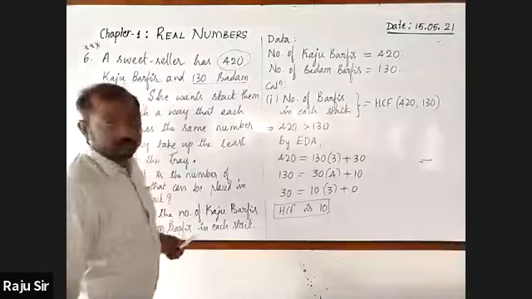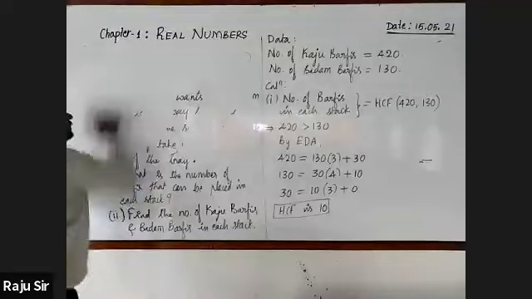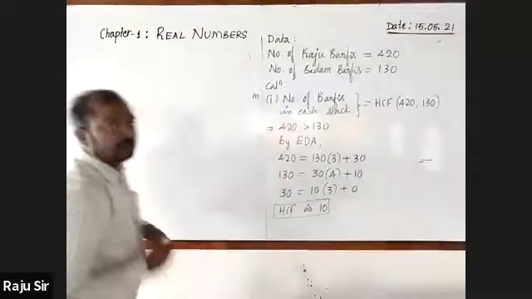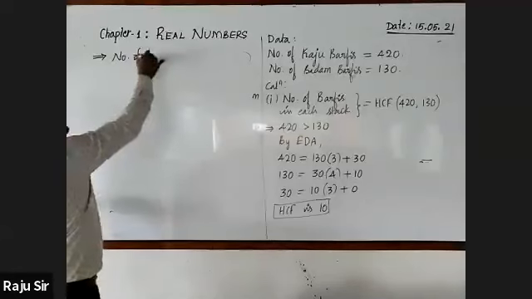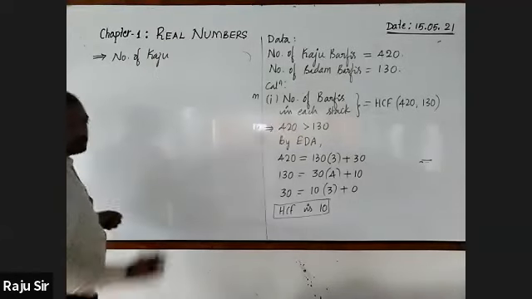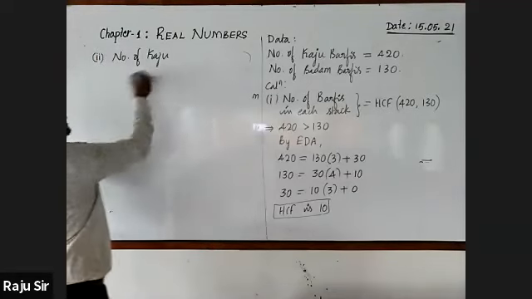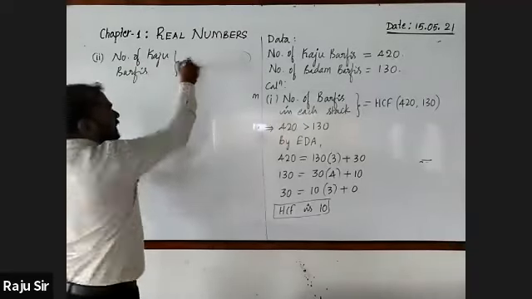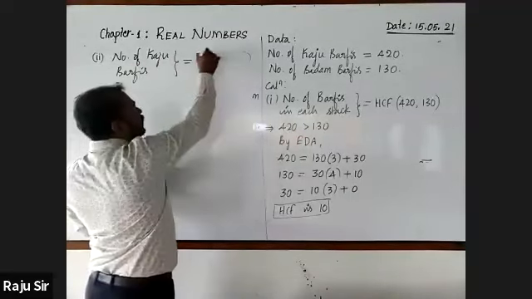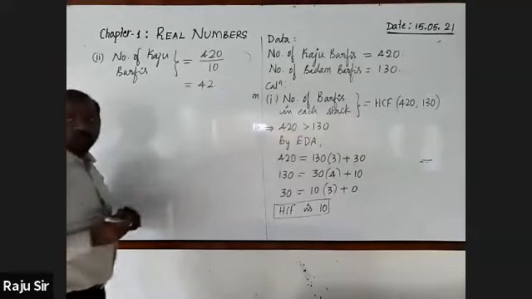Now I'll continue to write here. Number of kaju burfees in each stack is 420 by 10, which is equal to 42.